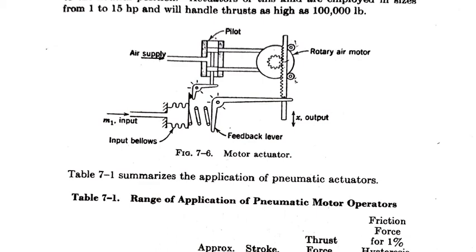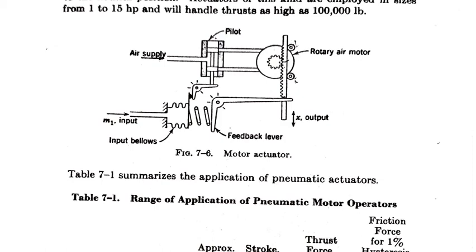The principle is the same. Whenever you supply air, this will move left, this lever will move up, which means this piston will move up, and the air supply will come in this direction.